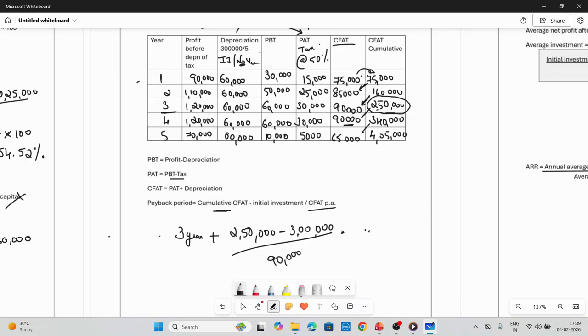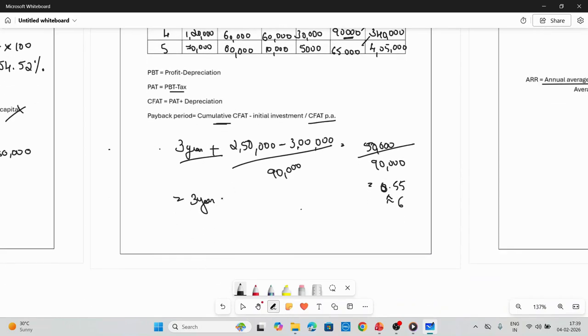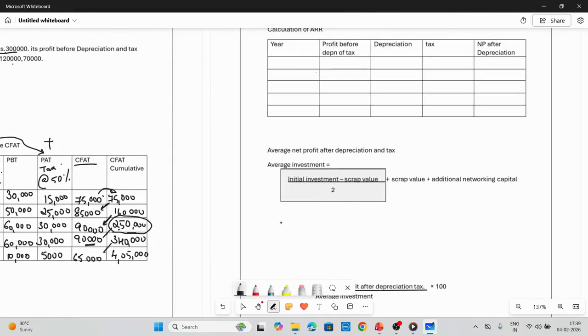It's 50,000, all divided by 90,000. This is nothing but 0.55, approximately 6. So this takes 3 years plus 6 months. So total 3.6 years. This is PBP calculation.